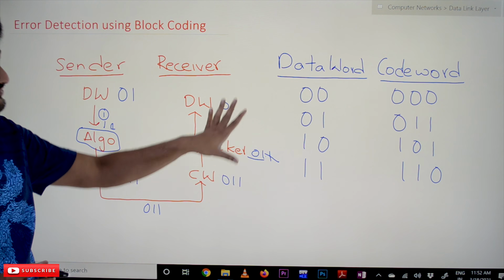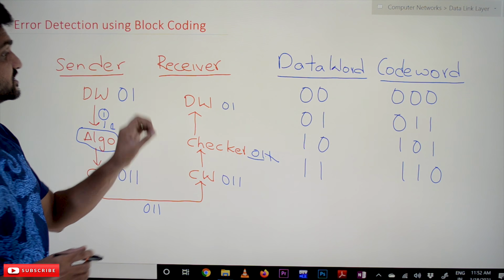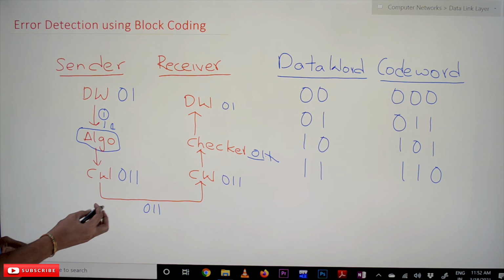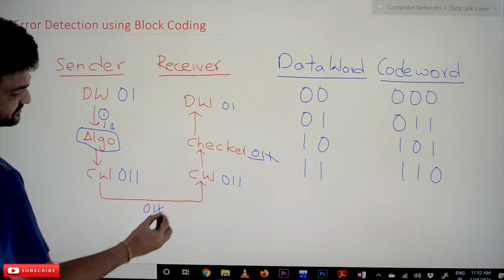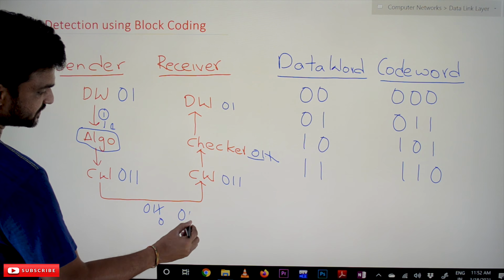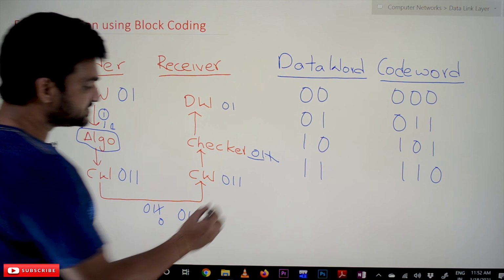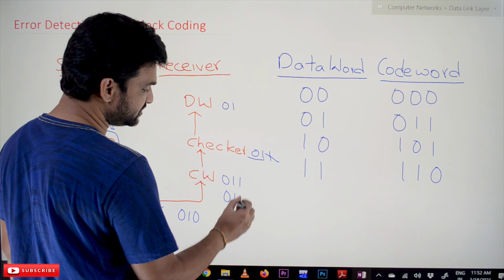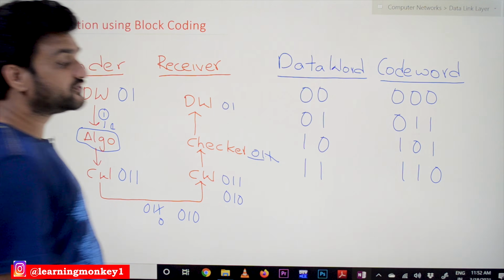Here no errors occurred. But for example, if an error has occurred, say this 1 has been converted to 0, then the data that is transmitted has been corrupted. This corrupted data is received at the receiver end, and it is compared with all the code words.